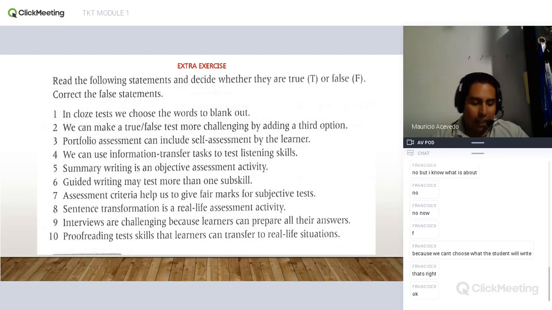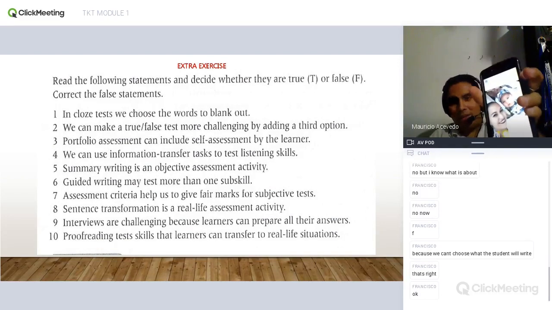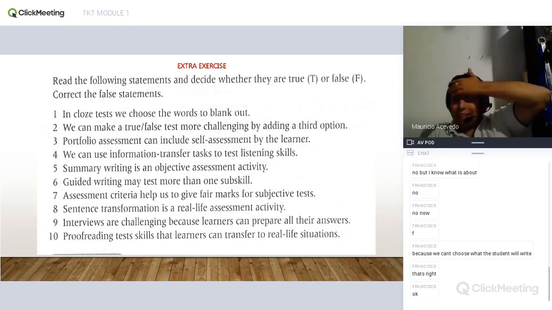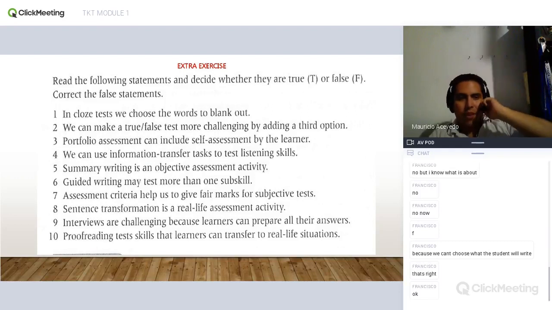Okay, almost over. You have less than 10 seconds. Did you finish the exercise or not? Okay, so time's over. But I can wait. Just tell me, which one did you stop?